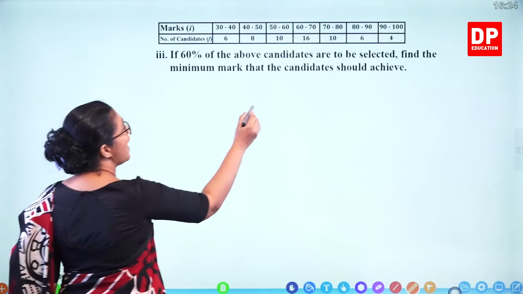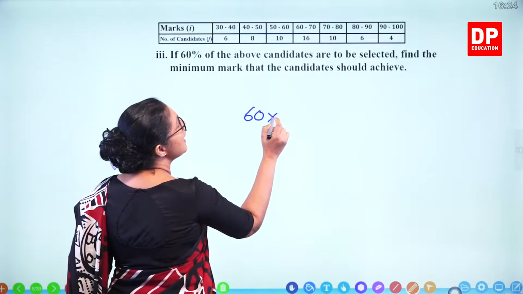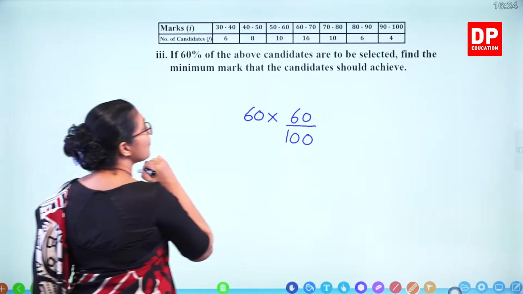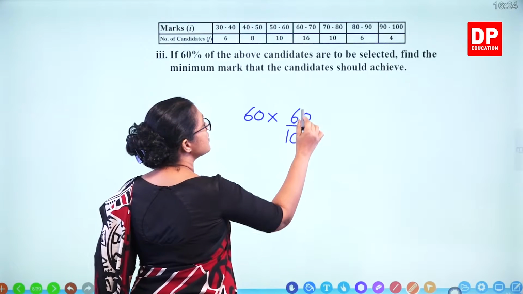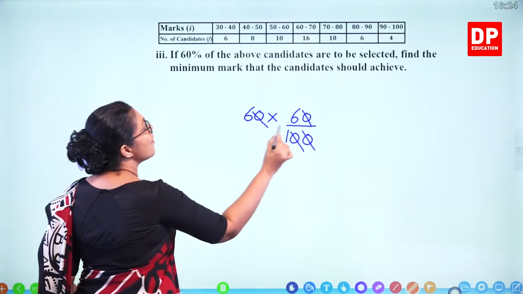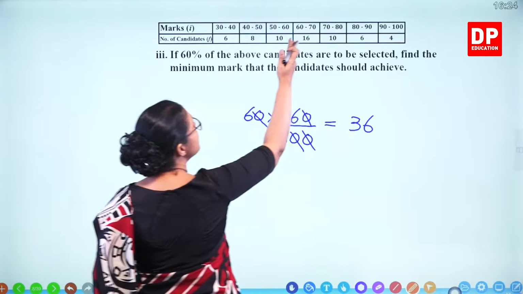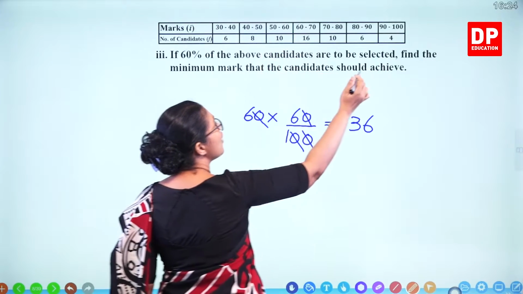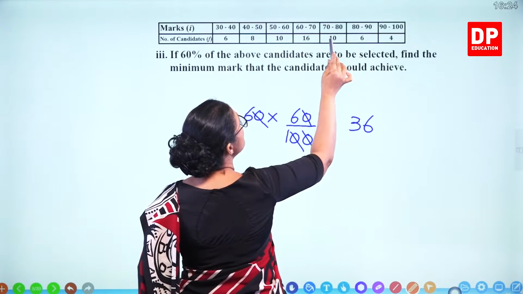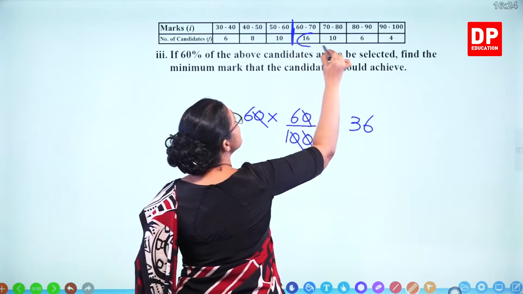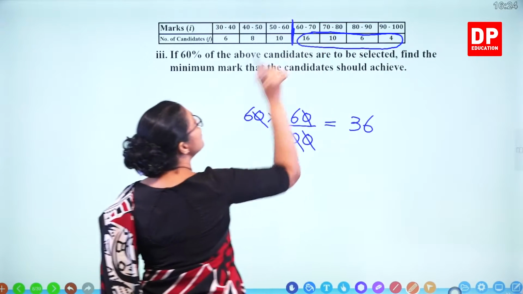So out of that, we need to select 60%. 60% of that, 36. So that means from here we need 36. Then we can find out the boundary value. So 10, 20, 36. So these 4 values 36.